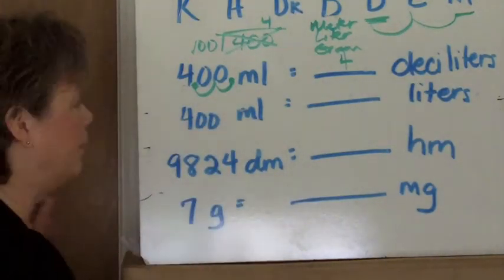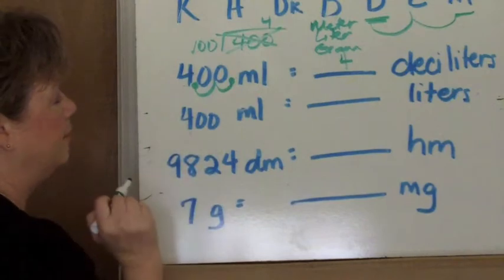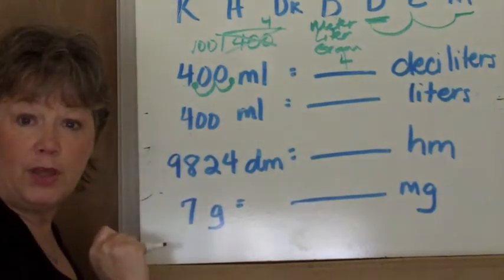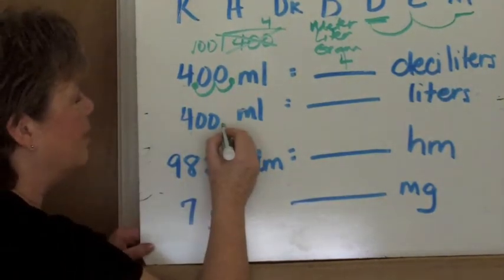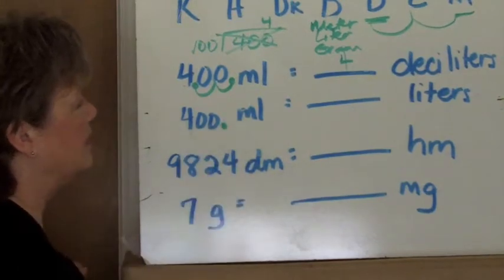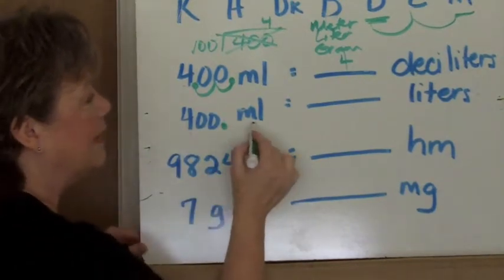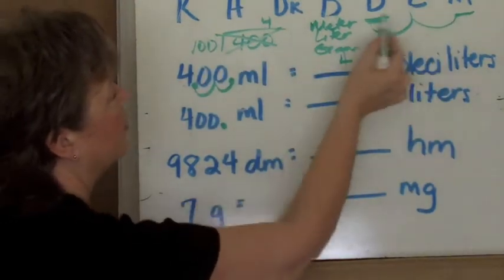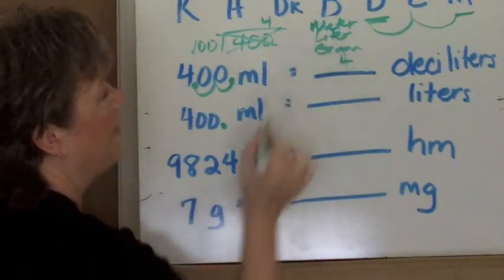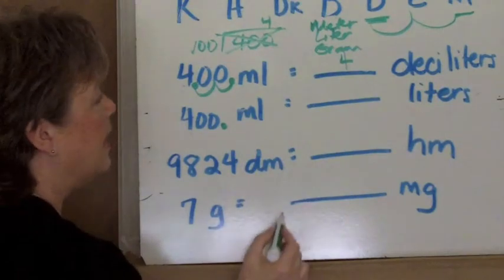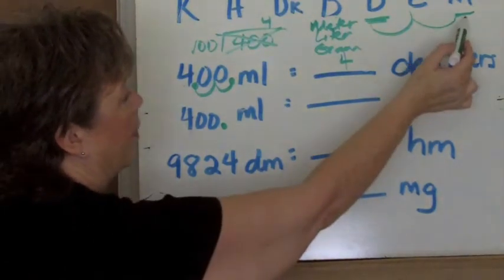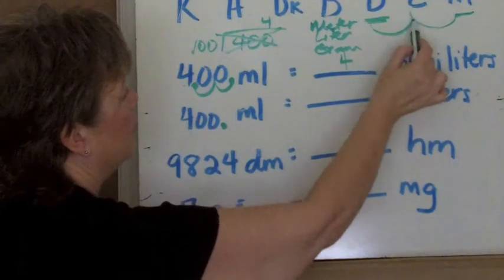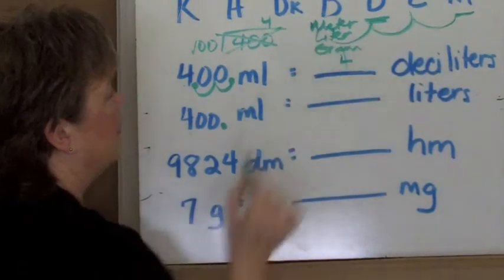Let's try another example. 400 again. Where does the decimal point go? It goes at the end of the number, like a period goes at the end of a sentence. I'm going from milliliter to liter. Where's liter up here? I don't see an L, but it's under the B for base unit of measurement. So from milliliter, I have 1 movement, 2, 3.